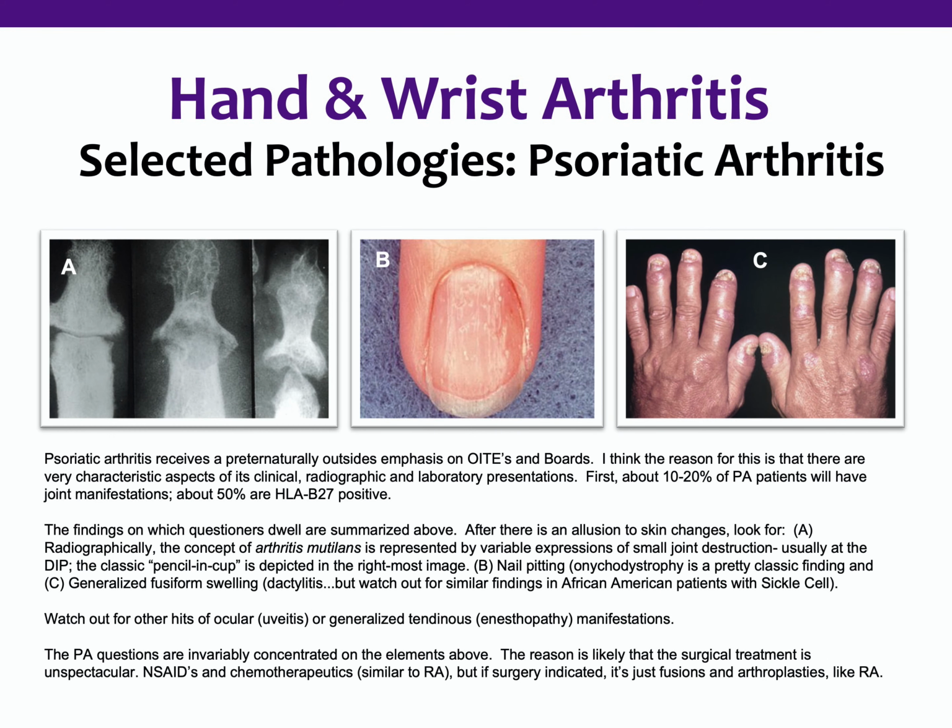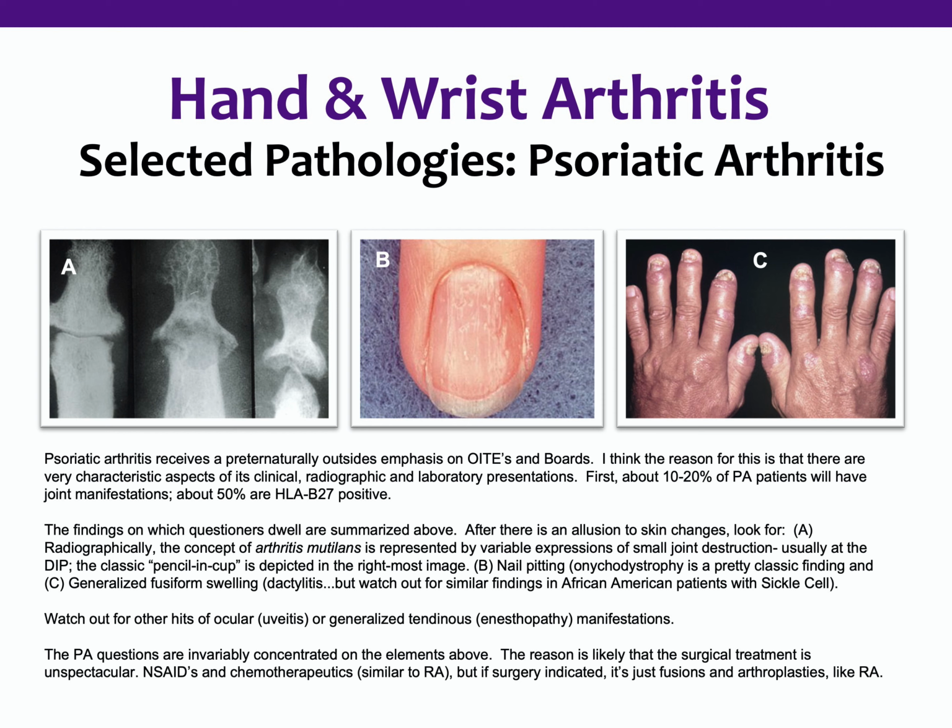I said I'd throw something in about psoriatic. I think that you might see an x-ray. It would probably be either bizarre degenerative and inflammatory changes, or this, quote, pencil and cup. It's called arthritis mutilans for a reason. You can see almost anything. It can be mostly eaten away.